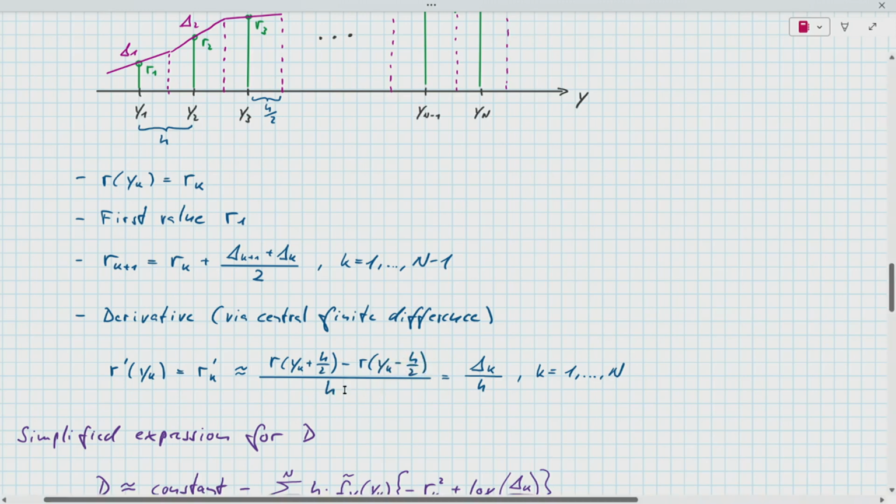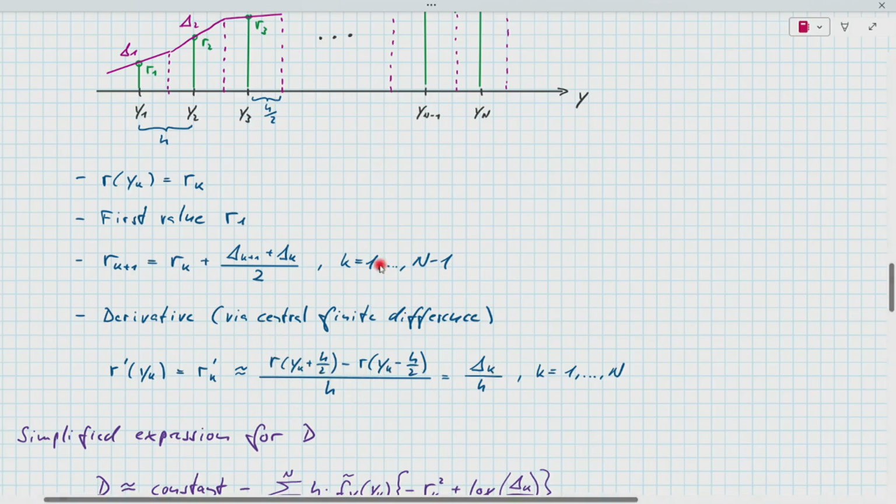It's a finite difference, so a difference quotient. We approximate the derivative by taking the distance in the y direction divided by the distance in the x direction, along the abscissa, divided by h.